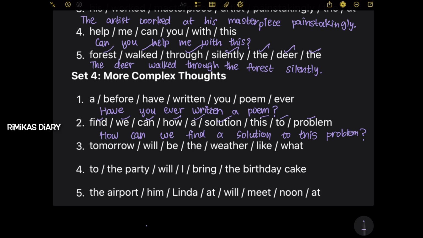Tomorrow will be the weather like what? What will be the weather like tomorrow? To the party will I bring the birthday cake?